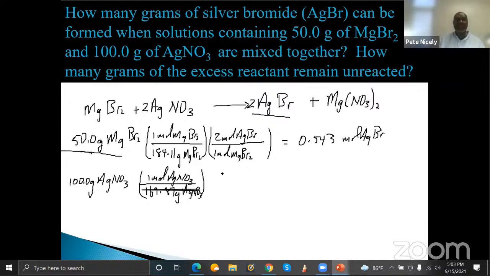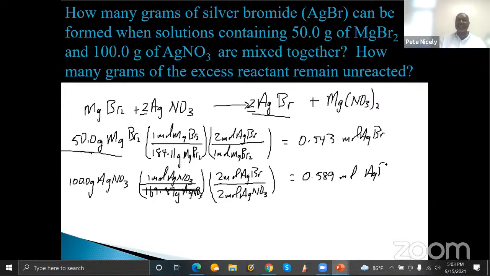And then the next conversion factor is the mole ratio between the silver nitrate and the silver bromide, and that's 2 to 2, or 1 to 1. 2 moles of AgBr divided by 2 moles of AgNO3. And then you work that out. 100 divided by 169.87. According to my calculations, this works out to be equal to 0.589 moles of AgBr, all right?